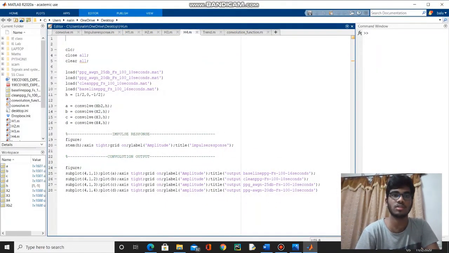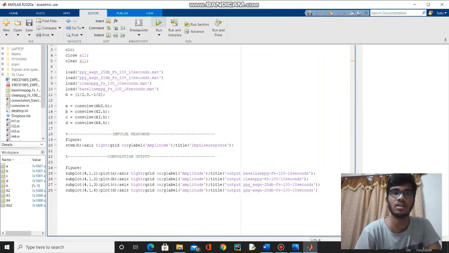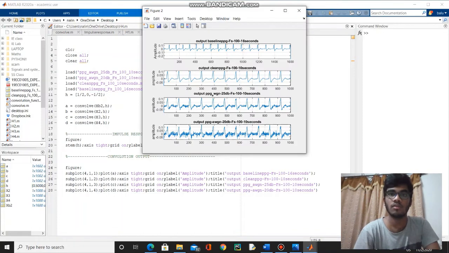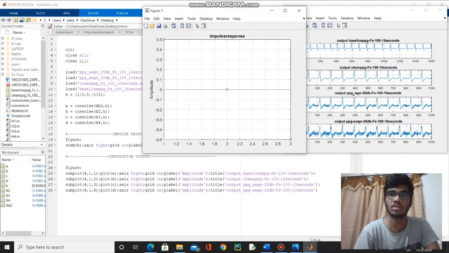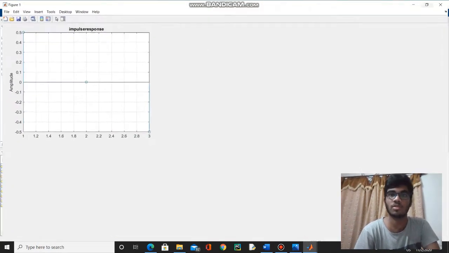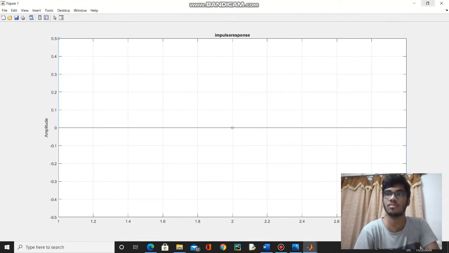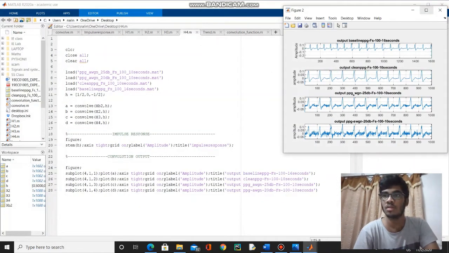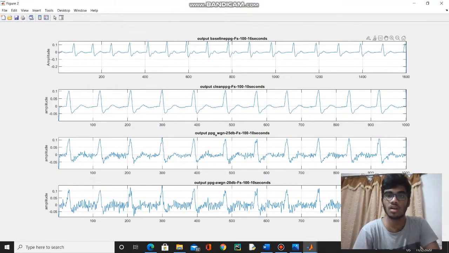Moving on to the fourth system, the code is similar to the first, second and third parts. If we run the code, this is the unit impulse response of the fourth system, and this is the convolution output of the fourth system.